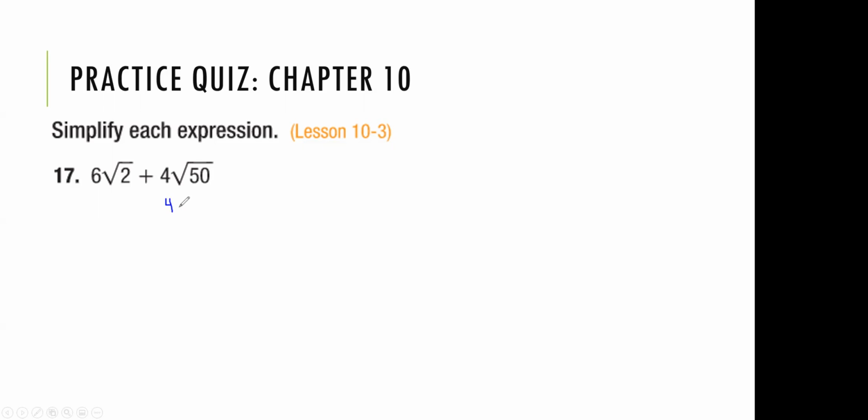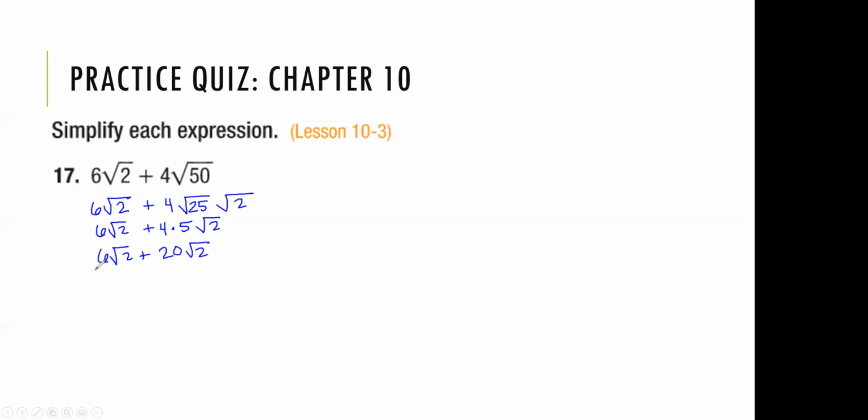Radical 50 has a perfect square factor of 25, and 25 times 2 is 50. So I'm going to simplify this. I've got 6 radical 2 plus 4 times radical 25 is 5, radical 2, so I've got 6 radical 2 plus 4 times 5, which is 20, times radical 2.